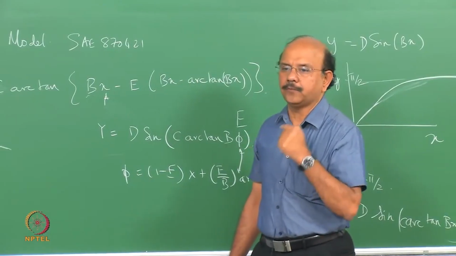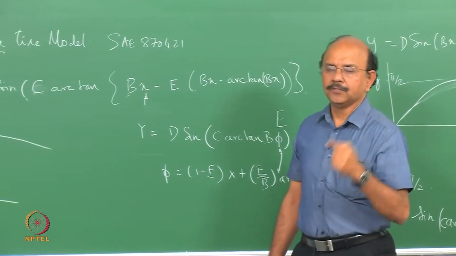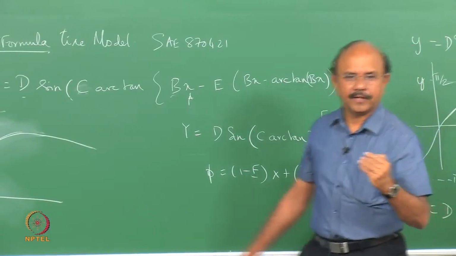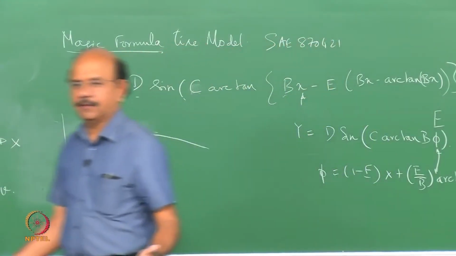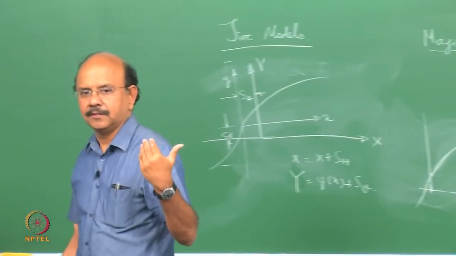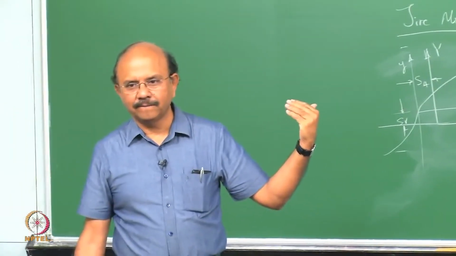The slope of this curve, the initial slope of the curve, is very important. All safe drivers drive in this linear range. So what is the slope of this curve? dy by dx.